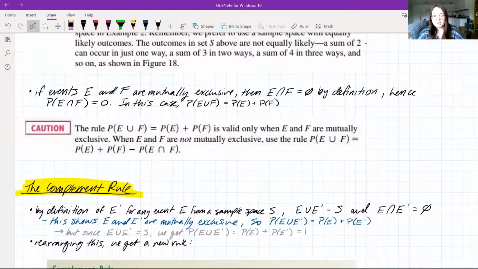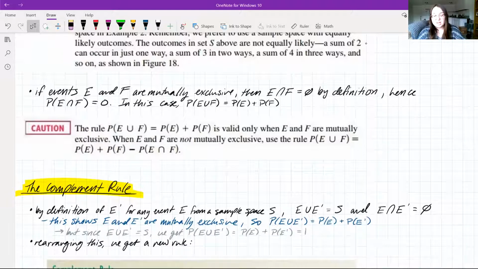So if events E and F are mutually exclusive, then E intersect F is equal to the empty set by definition. Hence, the probability of E intersect F is just equal to 0.